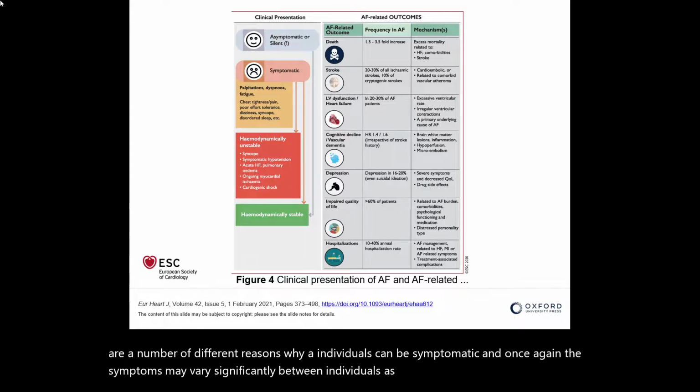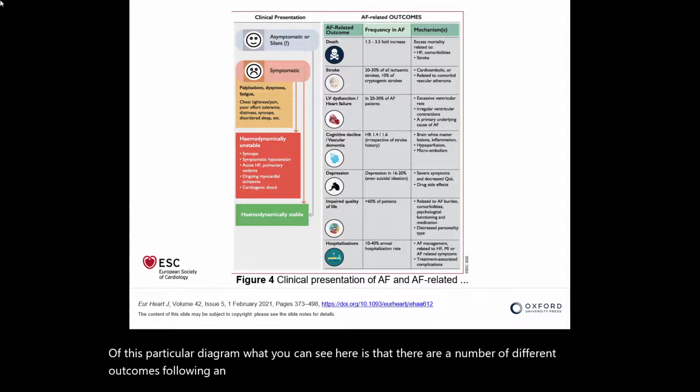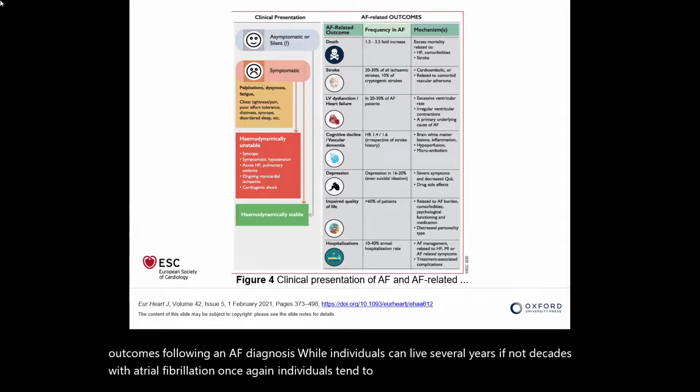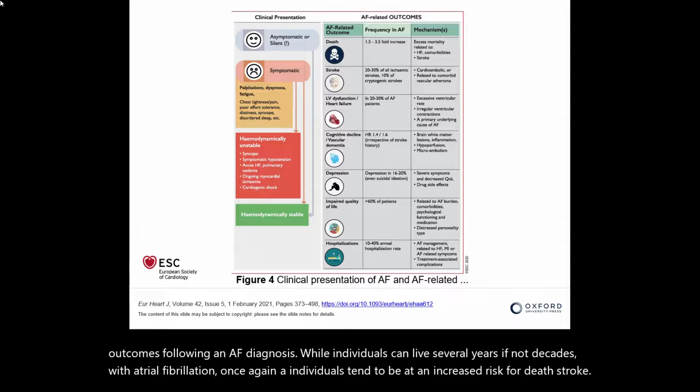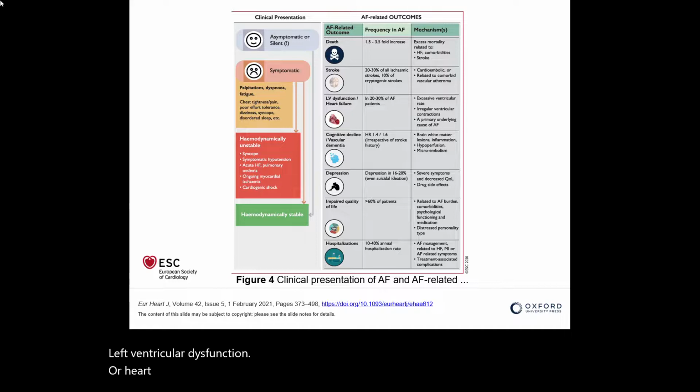Now, if we look at the right-hand side of this particular diagram, what you can see here is that there are a number of different outcomes following an AF diagnosis. While individuals can live several years, if not decades, with atrial fibrillation, once again, individuals tend to be at an increased risk for death, stroke, left ventricular dysfunction, or heart failure, cognitive decline with the development of dementia, depression, impaired quality of life, and hospitalization.